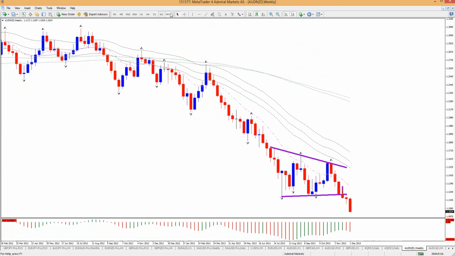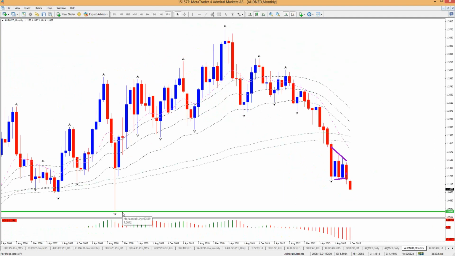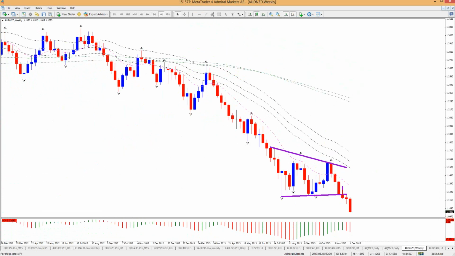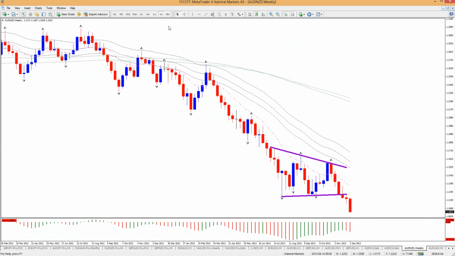This is really breaking into uncharted waters. The next support level on the monthly is all the way at 106. There was a substantial up and down here, but now we are breaking definitely to the downside. We had already a couple of weeks down, and we're getting the continuation now.